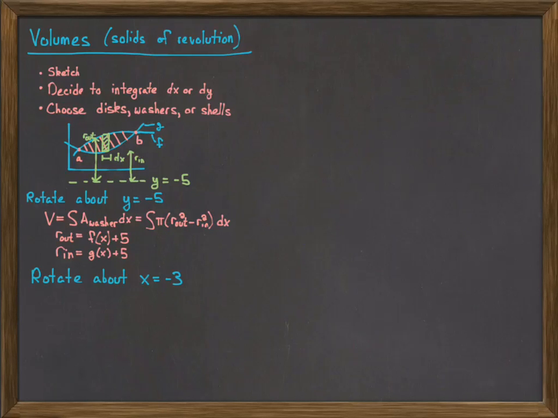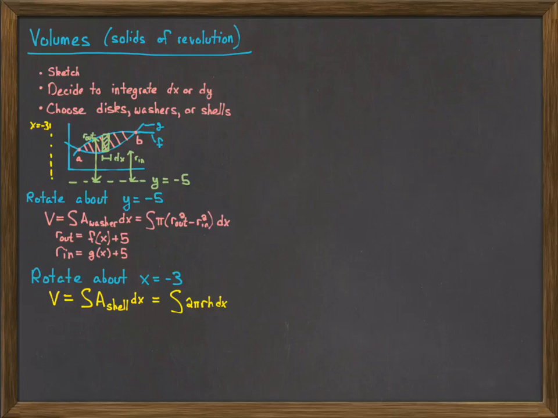If we wanted to rotate the region about the line x equals -3, so a vertical line, here we use the same element, but we're using shells, the shell method, and the general formula for that would be the integral of 2 pi r h dx. And this r has nothing to do with the r out, r in from above.